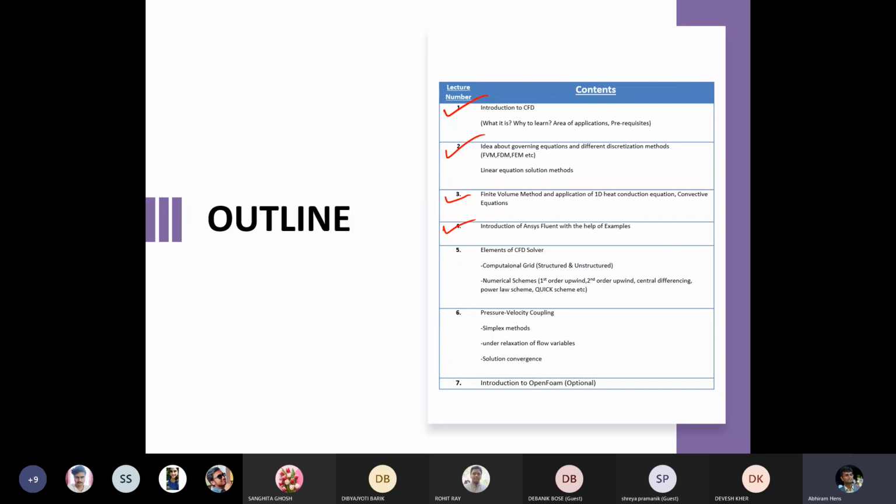Then in the last class we were discussing the unsteady state heat conduction equation. The objective is to make clear how the unsteady term, that is the temporal derivative, can be discretized with the help of Crank-Nicolson, explicit, implicit methods, etc. That was the agenda of the last class.